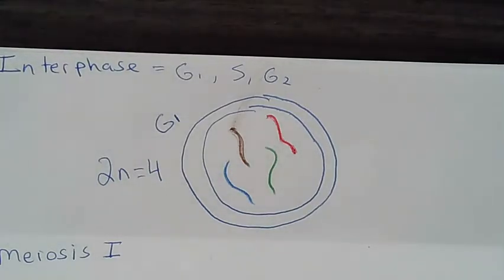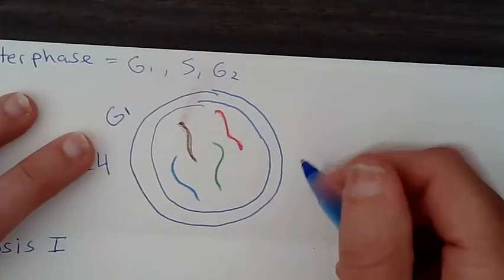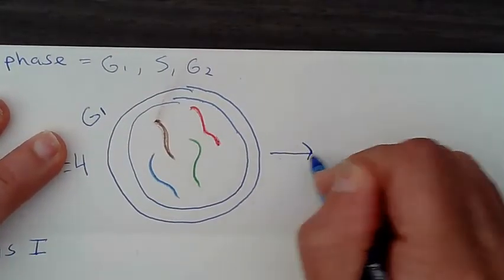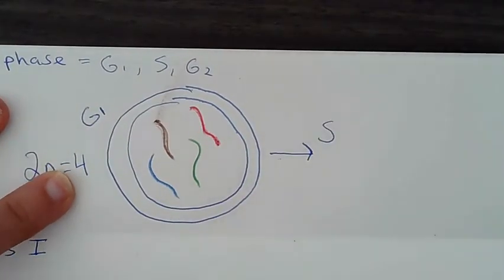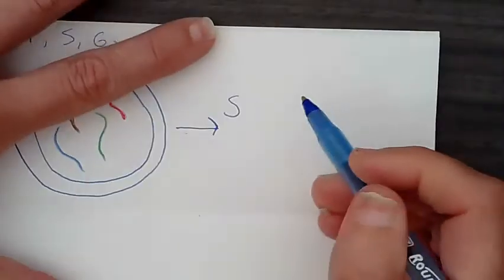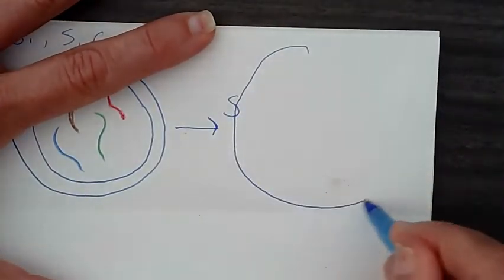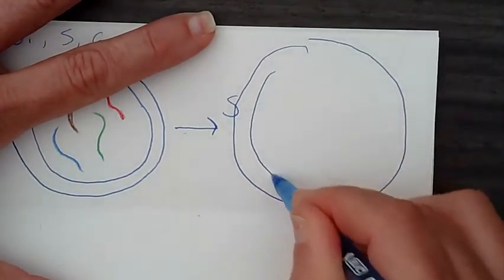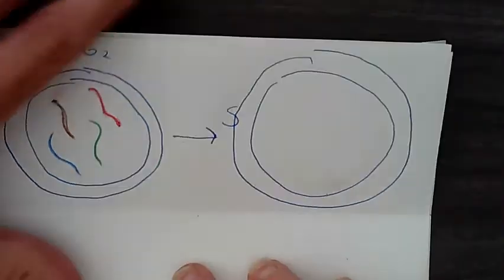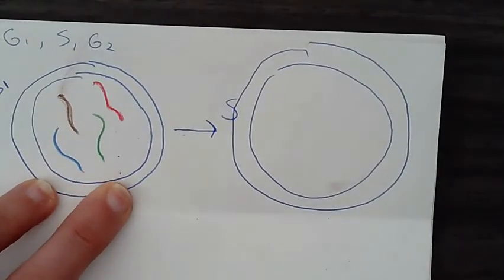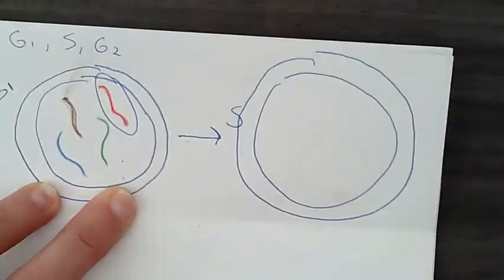All right, so now very similar to what you've seen before, we're going to move on to the S phase. And that is, you probably guessed it, DNA synthesis. So all these chromosomes are going to make copies of themselves. They're still going to be called chromosomes, though, even though they've made a copy.